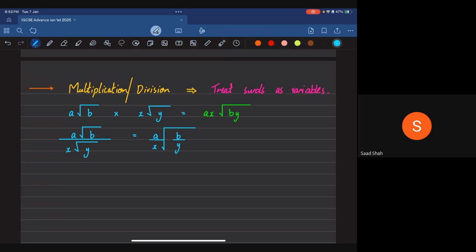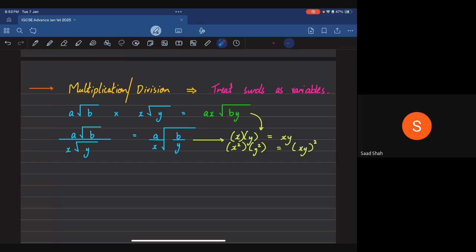Is this clear? Make sure that you know, for example, if x times y is xy, then x squared times y squared can also be written as whole xy squared. Same thing. Not much of a difference at all. So in multiplication and division as well, your surds are always going to be treated as variables.